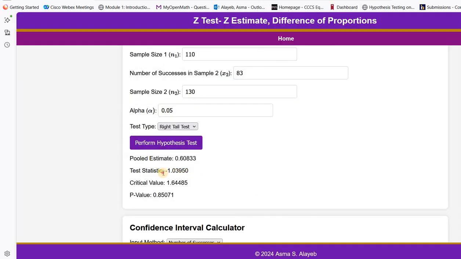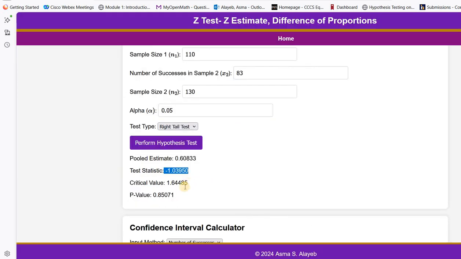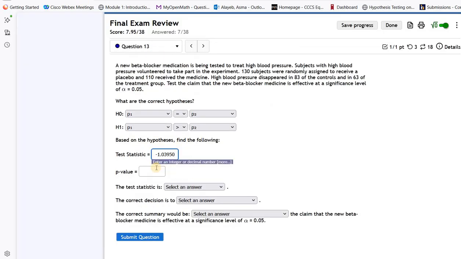Now, what we need here to answer the question, we need the test statistic. So I'm going to copy the test statistic over. And we need the p-value, not the critical value, I need the p-value. Based on the critical value and the test statistic, I can tell that the p-value is not less than alpha, which means the test statistic is not in the critical region.